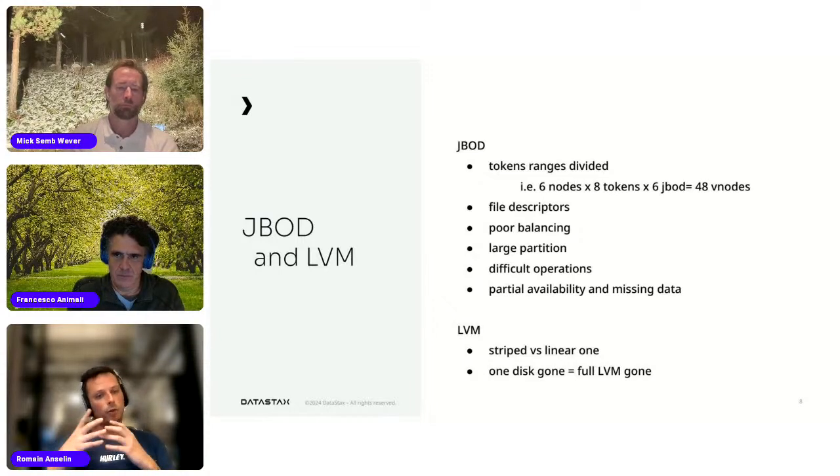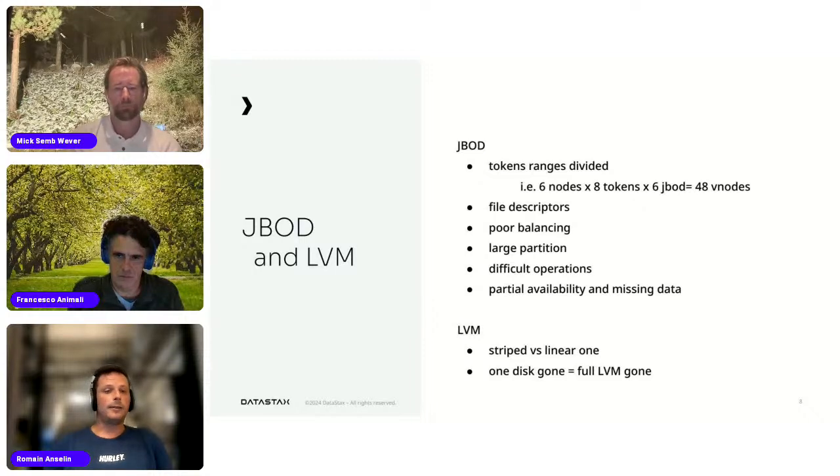Except that when you introduce JBOD, with 6 disks, you will flush 6 SS tables instead. And so you're multiplying the number of file descriptors in your environment by the number of JBOD disks you have.